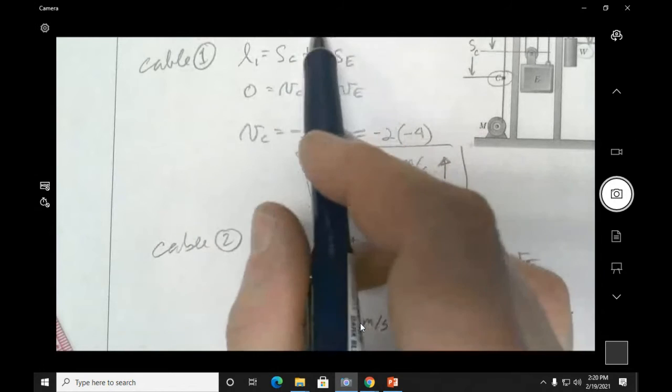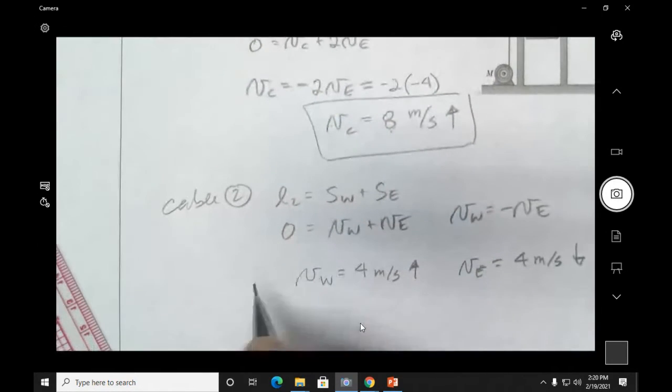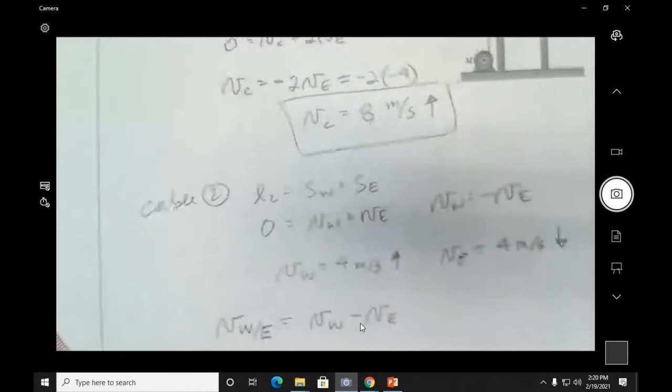If we want the velocity of the counterweight with respect to the elevator, we write that the velocity of the weight with respect to the elevator is the velocity of the weight minus the velocity of the elevator. That's the definition.